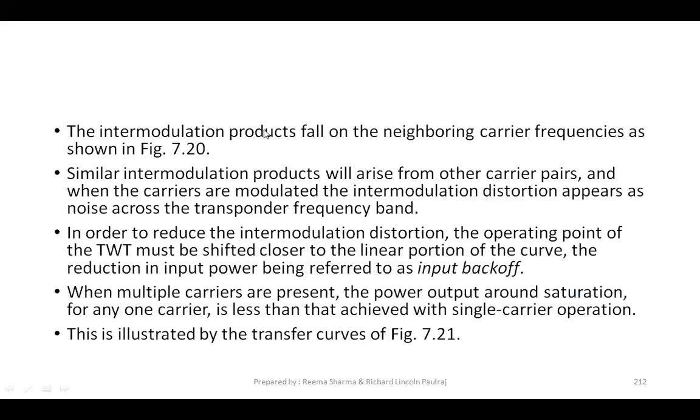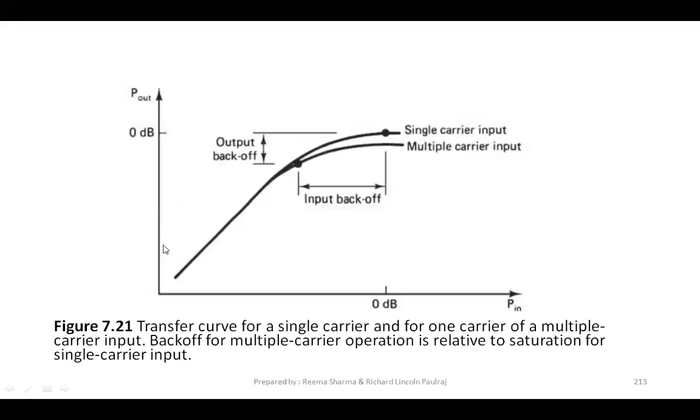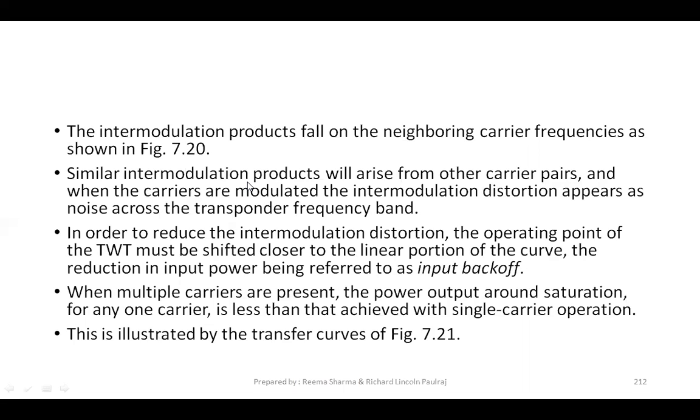The intermodulation products fall on the neighboring carrier frequencies. Because of this, we are looking into something called input backoff, output backoff. I will explain this, and it's a very important concept. Similar intermodulation products will arise from other carrier pairs, and when the carriers are modulated, the intermodulation distortion appears.